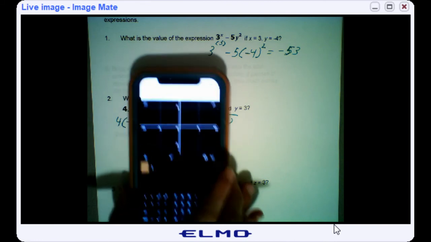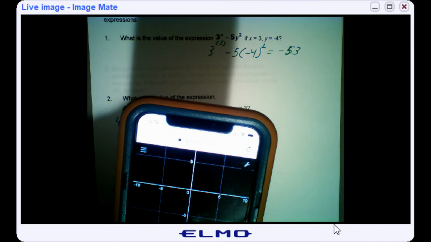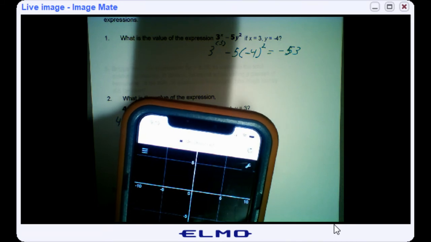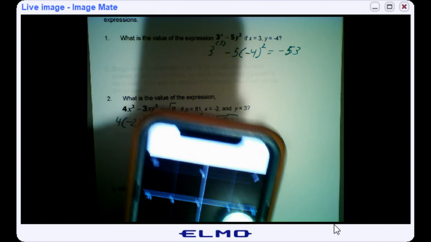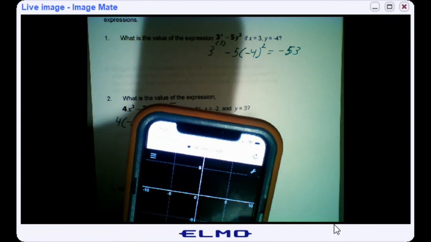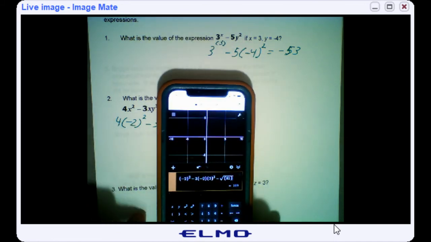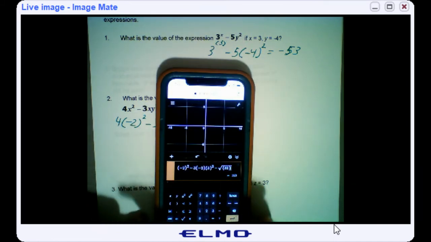So when I type it in, I'm going to do 4, and my parentheses, negative 2 squared, minus 3, negative 2, 3 cubed, minus square root of parentheses 81. And it tells me it's 169.